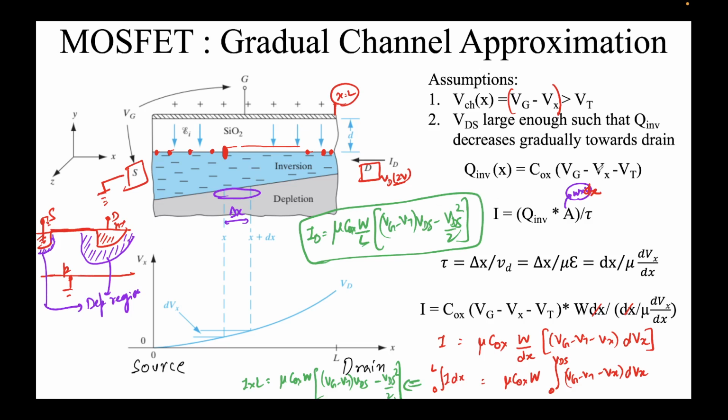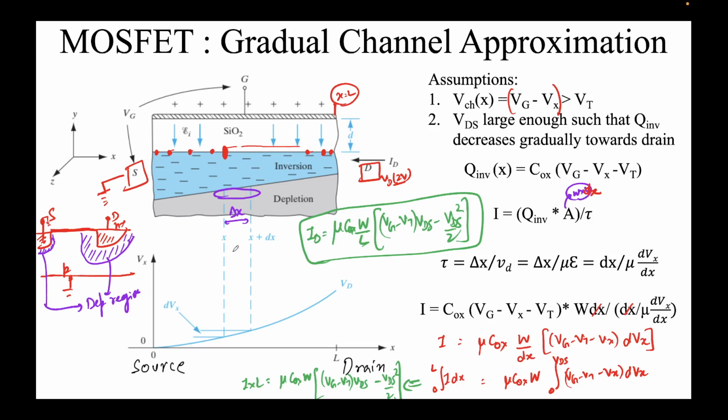And the rest is just simply the exercise that we had done before, that in this infinitesimal region, what will be the inversion charge? It will be the oxide capacitance times the potential. So what is the potential? Vg is the total potential applied, Vt is the potential that has been caused to onset of strong inversion, and we deduct Vx because it is the potential that is still remaining on this channel. Vg minus Vx minus Vt.